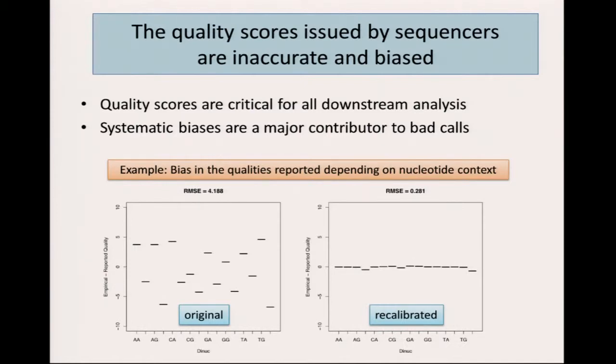What this plot is showing you is that every time the machine read an A followed by an A, it overestimated its quality score. But if it happened to read an A followed by a C, it underestimated the quality score. That kind of bias is crazy if you're trying to infer genetic mutation. You'd be way more accurate to call it as a variant if it was AA, but less likely if it was AC. What are you comparing it to that you know it's over?